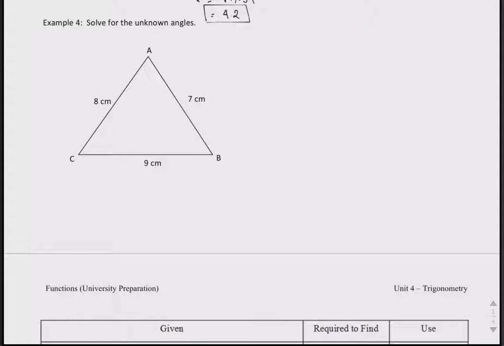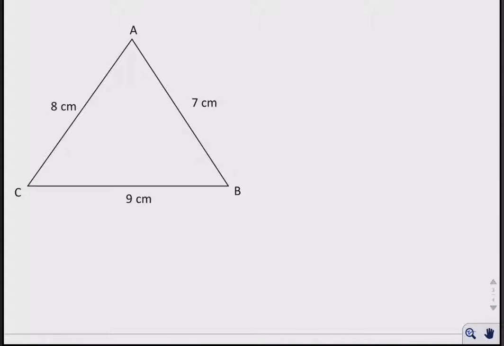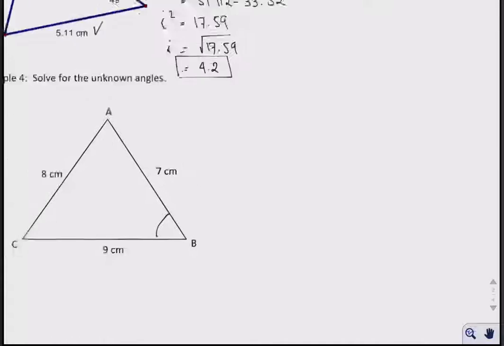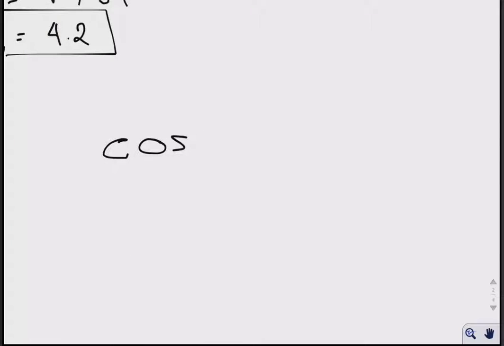Here in example 4, we are given three known sides, and we have no angles. So what we have to do is figure out one of the angles. Let's arbitrarily just choose angle B here. So I'm going to use my cosine law for angle B. So I have cos B equals a squared plus c squared minus b squared.